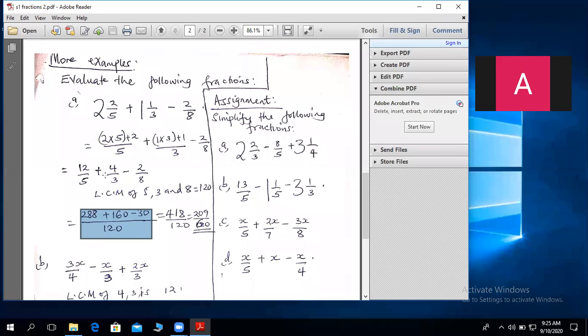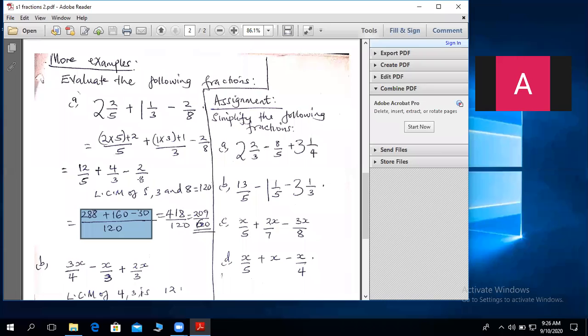Then I come to this next one to get the numerator of this. With your calculator again, 120 divided by 3. I think the calculator should be able to give you 40. Then 40 times 4, that is 160. And we subtract now with our calculator again, 120 divided by 8.